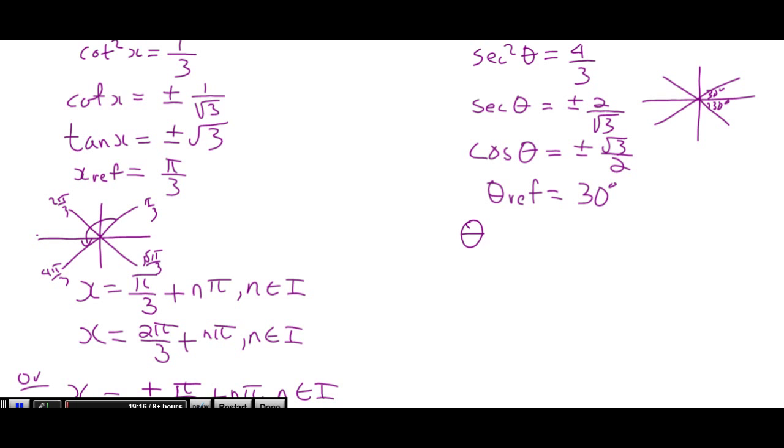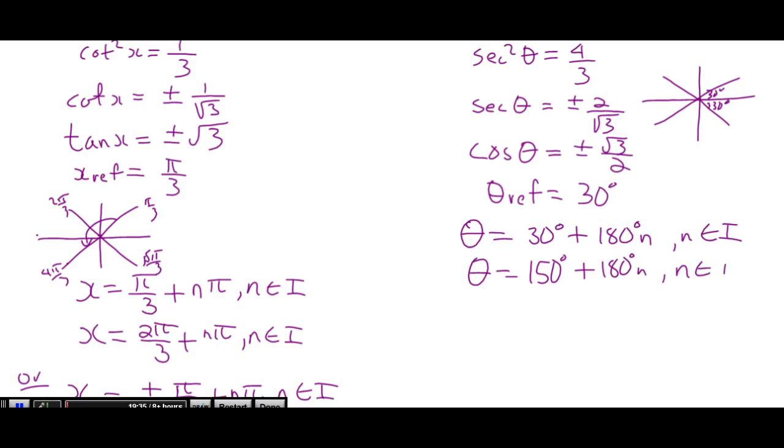So theta is equal to 30 degrees plus 180n. And what's the other one? Well, we won't use 330, we'll use 150. 150 degrees plus 180n.